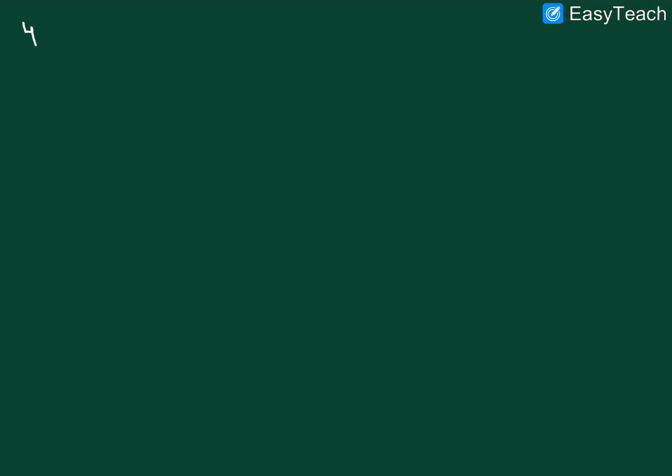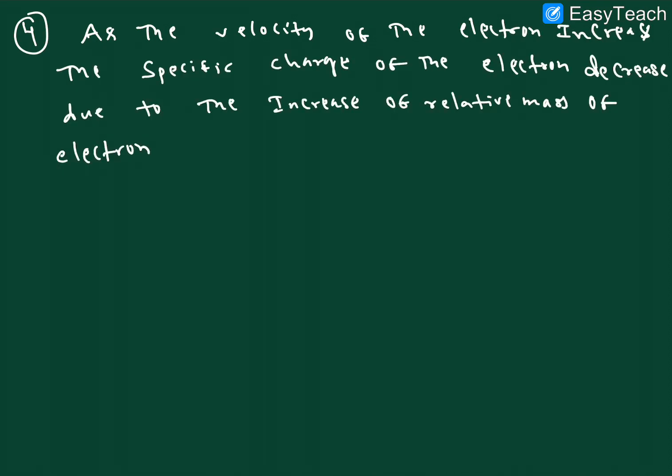And for charge to mass ratio, the fourth point here: as the velocity of electron increases, the specific charge of electron decreases due to the increasing relative mass of electron.